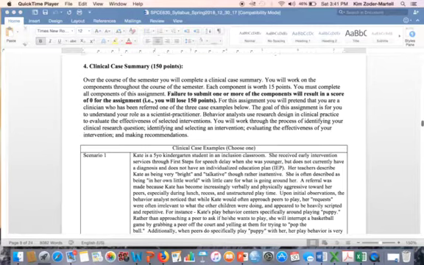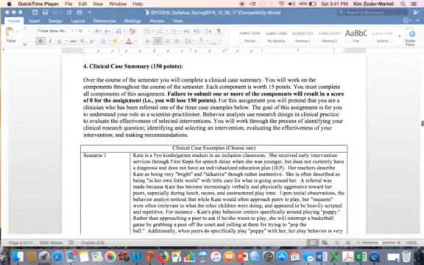I figured that that was important because this material is new for most of you. Failure to submit any of the components is going to result in a score of 0, so you must submit all 10 components of this.